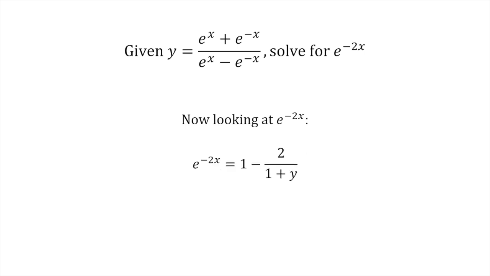So then we get 1 minus 2 over 1 plus y. Doing your standard sort of bringing the fractions together, getting it all cleaned up and nice, we end up with y minus 1 over y plus 1. And that's our answer.